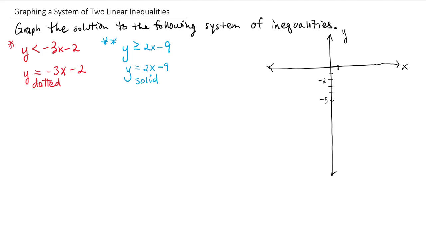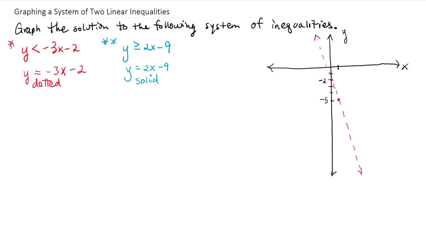When we graph in y equals mx plus b form, we start with the y-intercept, and then we travel the slope. So down 3, right 1. And then we play connect the dots. But this time we're going to connect it with a dashed line or dotted line. Okay.